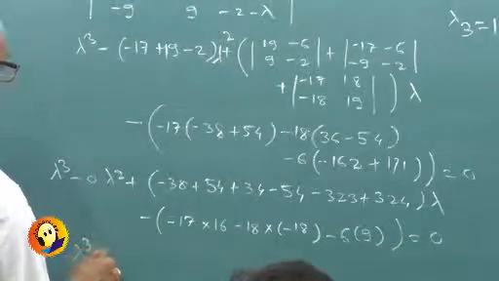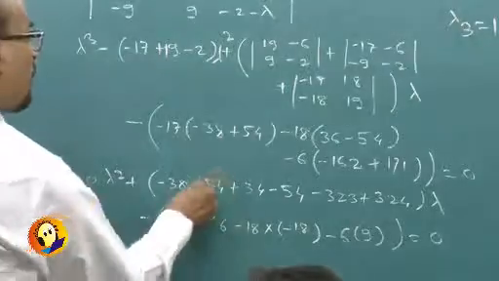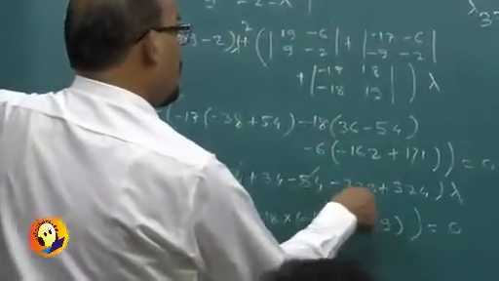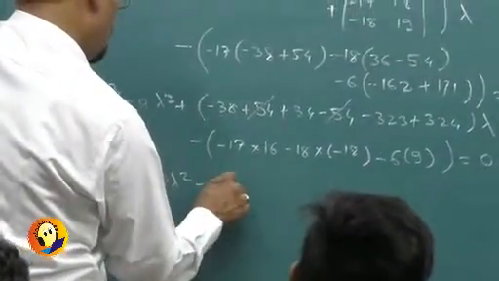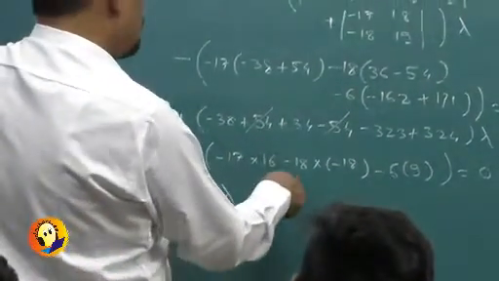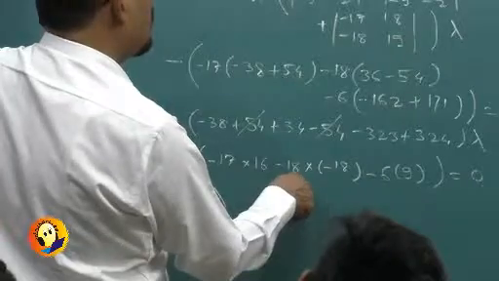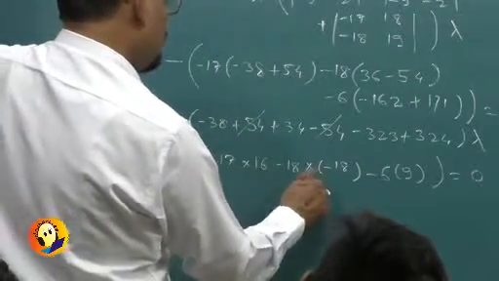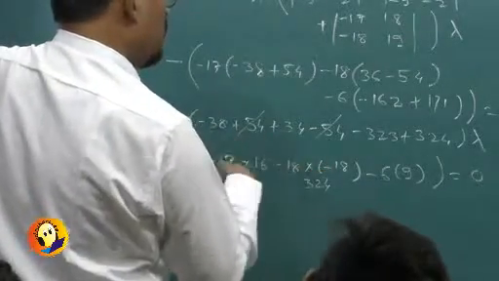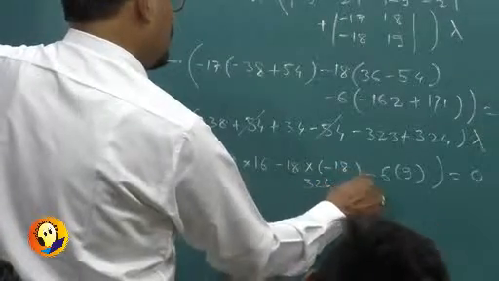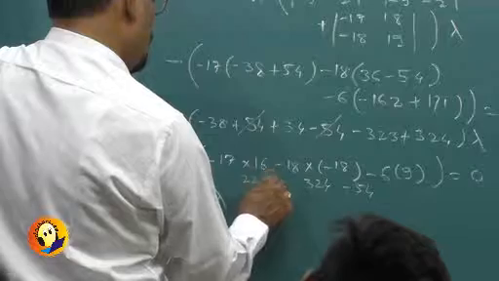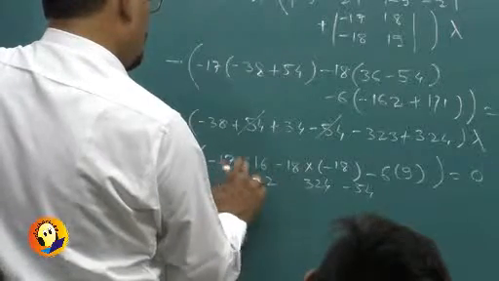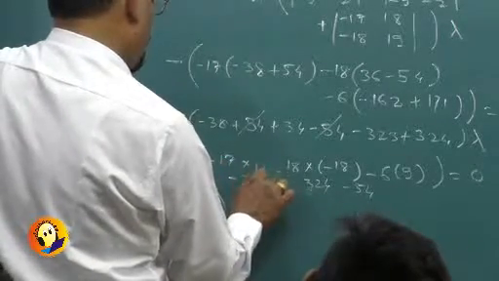So lambda cube minus 0 lambda square, 135 minus 3 lambda, and how much is this? This is 324, which is plus, this is minus 54 and 272.